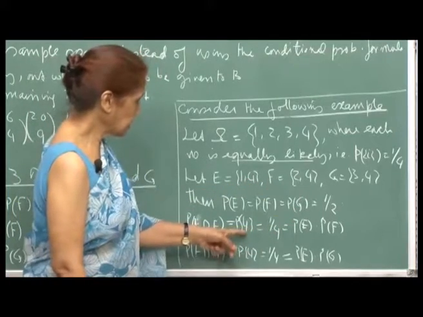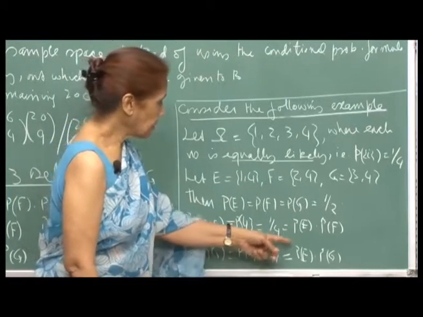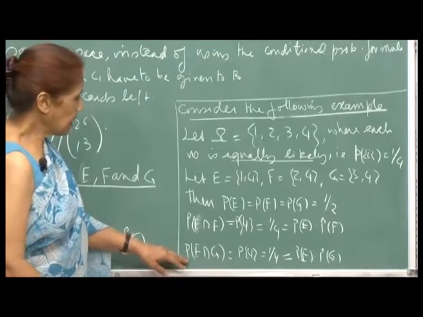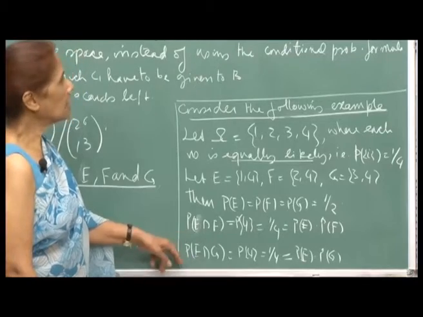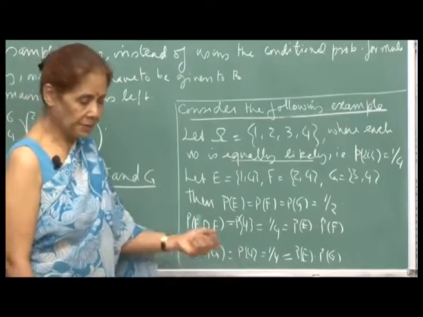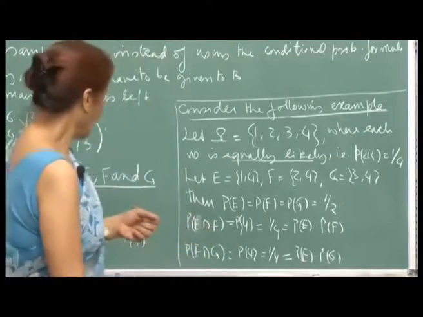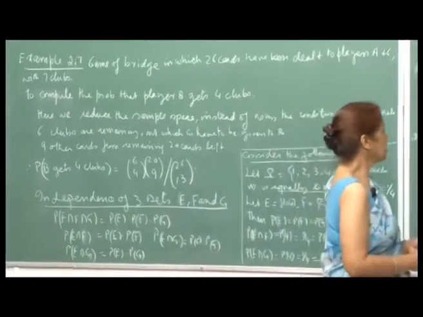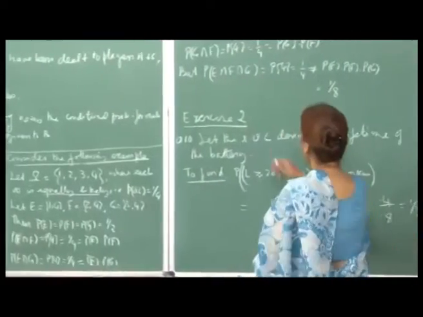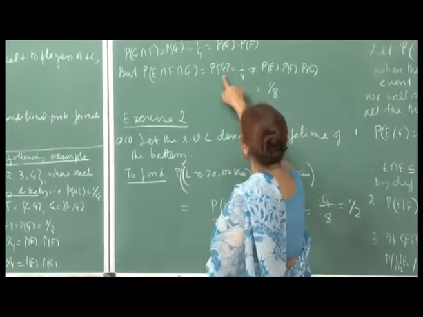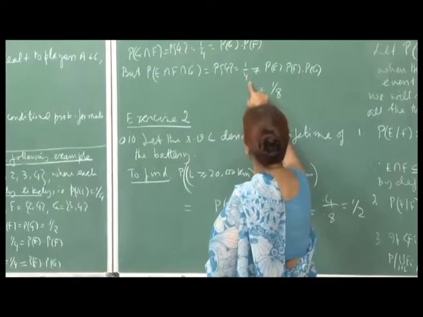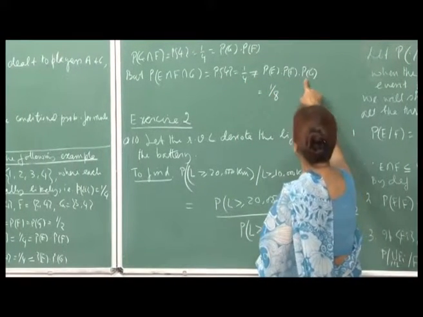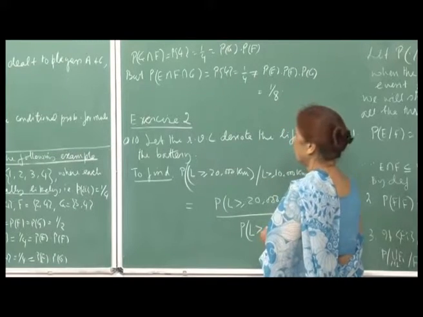That is 1 singleton, and the probability is 1 by 4, which is the product of P E into P F. Similarly, you can easily verify that the 3 sets are pairwise independent. But when you write E intersection F intersection G, that again results in the single number 4, so this probability is 1 by 4, but this is not equal to P E into P F into P G, which is 1 by 8.